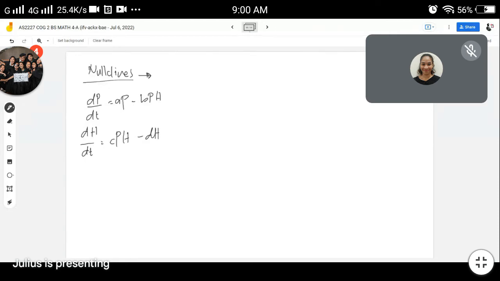Two-dimensional case lang sa ta. We'll just restrict our null clients to the 2D case. Okay, 2D case lang sa ta.